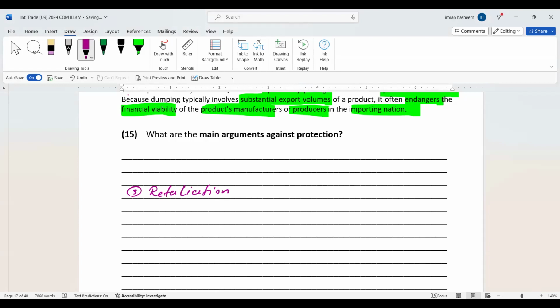A negative reaction, a tit for tat kind of a thing. You hit me, I'll hit you. You charge tariffs on our products that come in. When you export to our country, we will also charge a tariff.